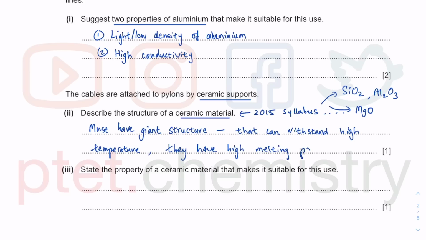Well, I guess that must be the next part of the question, because what makes it suitable for this use is that they don't melt easily. Whereas describing the structure of ceramic materials, so must have giant structure, that's probably the way to get around these two questions here. But just take note that ceramic was already taken out from the syllabus from 2016 onwards.